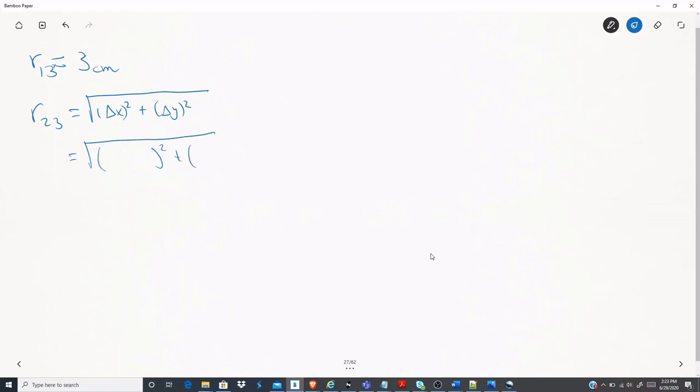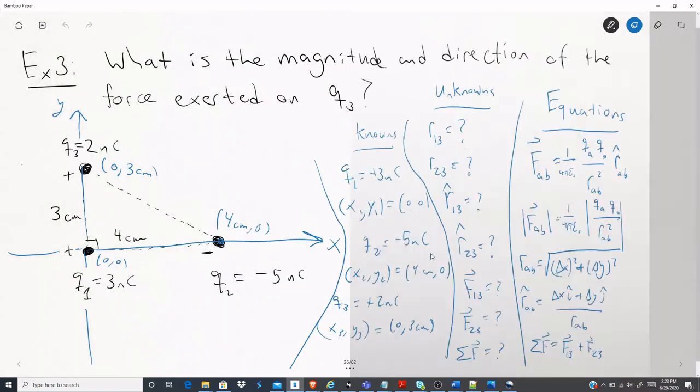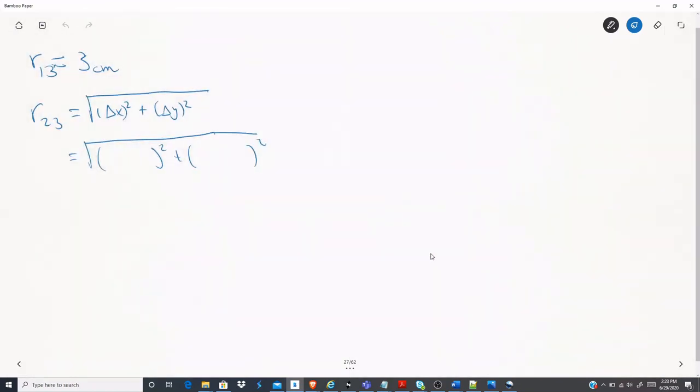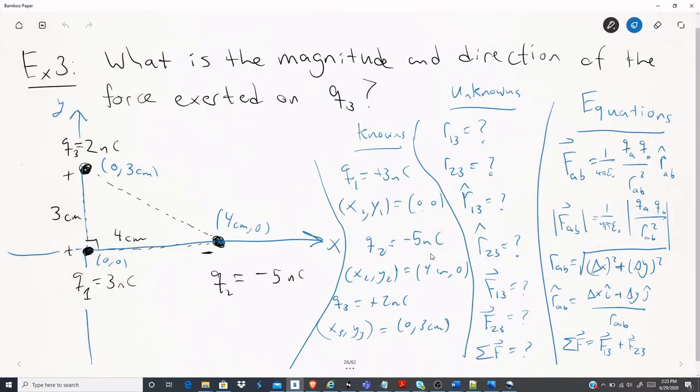Well, charge 3 has an x-coordinate of 0 centimeters, and charge 2 has an x-coordinate of 4 centimeters. So this will be 0 centimeters minus 4 centimeters. Now charge 3 has a y-coordinate of 3 centimeters, and charge 2 has a y-coordinate of 0 centimeters.